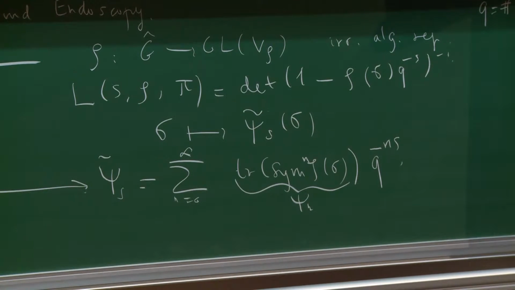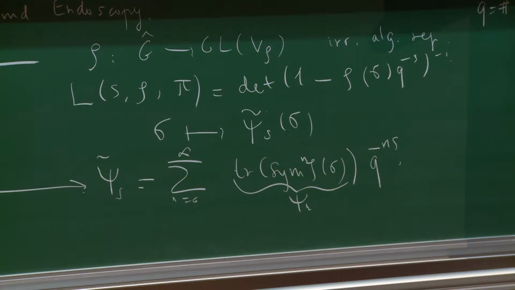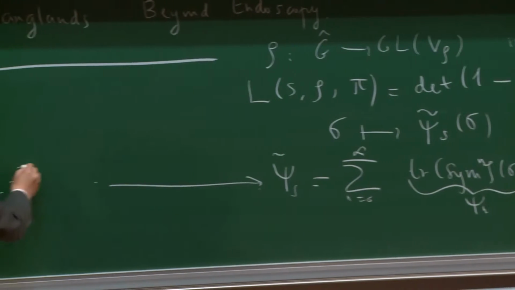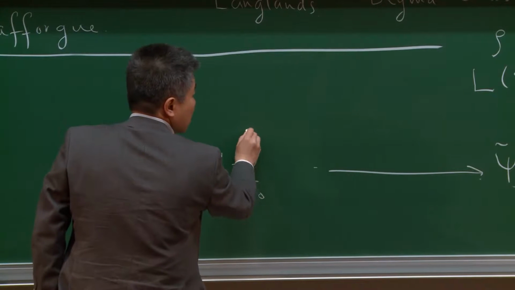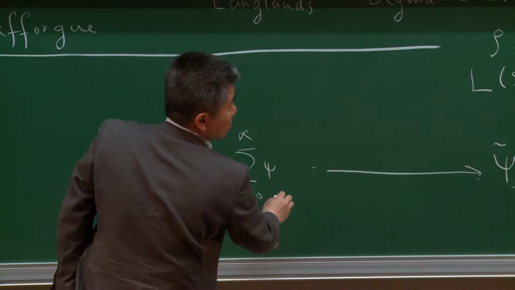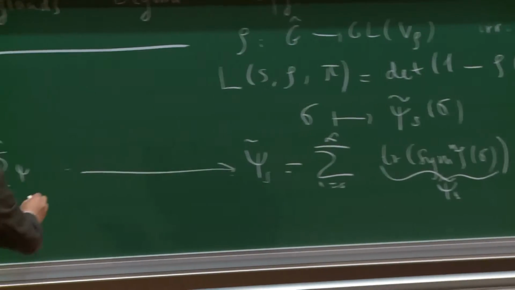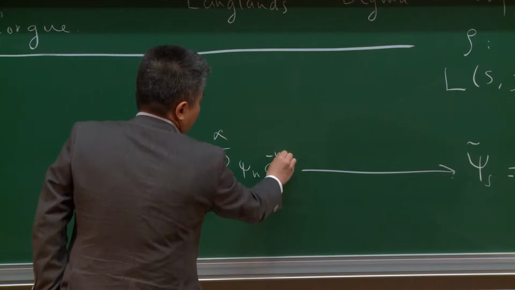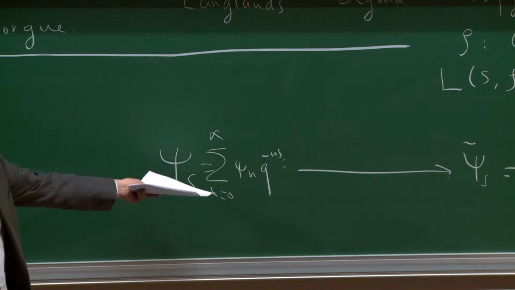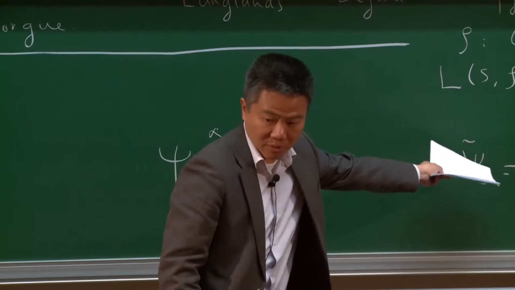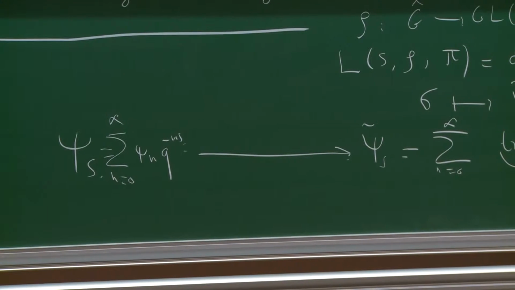Now psi n is a regular function, so it has an inverse Satake transform. And so we can, of course, let psi s be this infinite sum, at least formally, of psi n times q to the minus ns. We don't know how to make sense of this yet, but presumably you can take the Satake transform of this psi tilde s, which has to do with the local L factors.